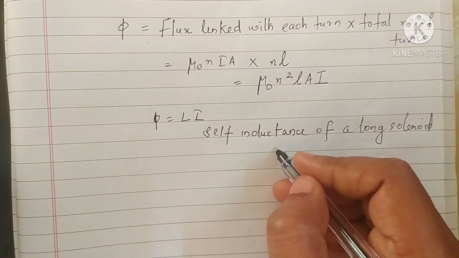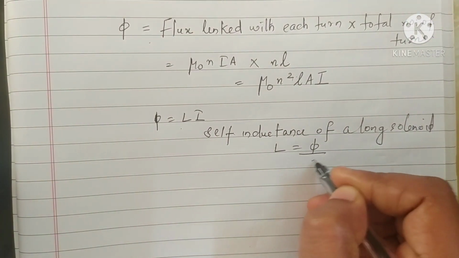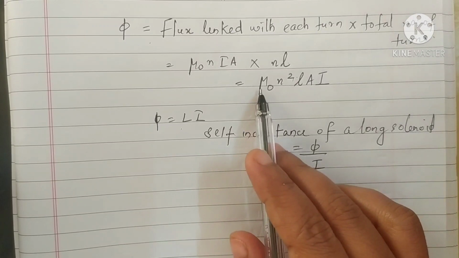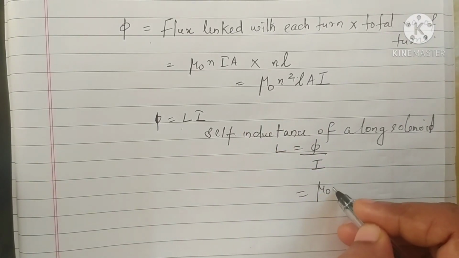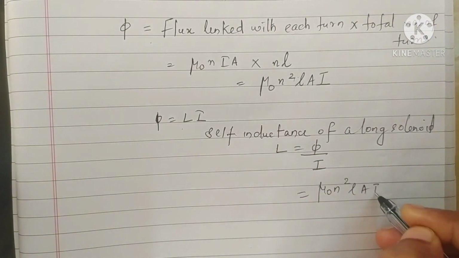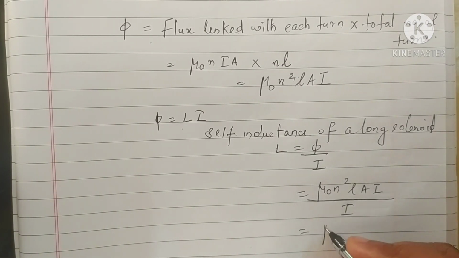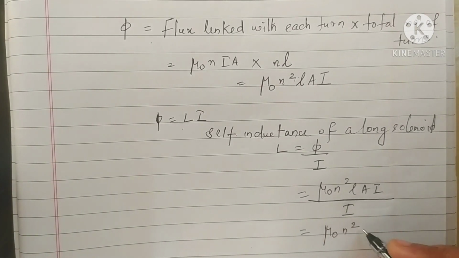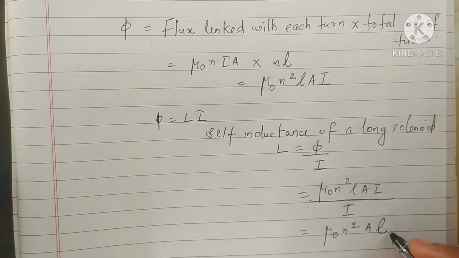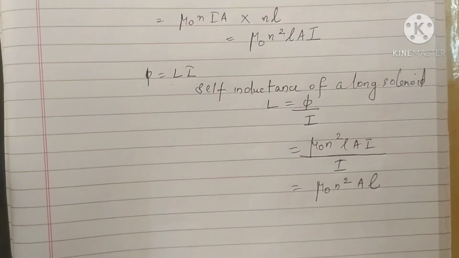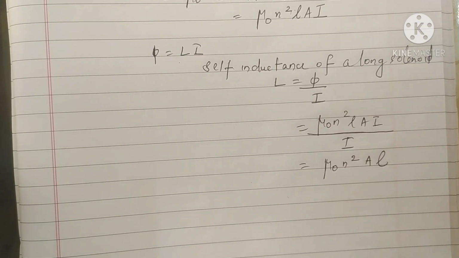From this expression, L is equal to phi by I. So phi, that is mu naught n squared L A I divided by I. So it will be mu naught n squared A L. Clear? Mu naught n squared A L.